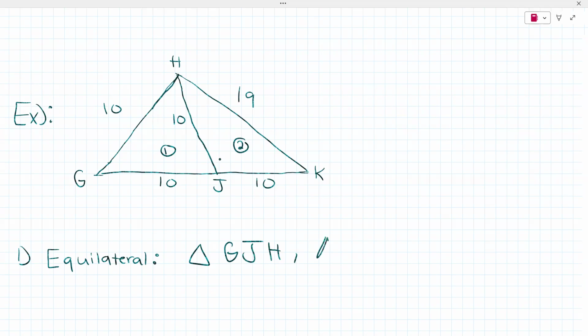Triangle G H J. Okay, so G H J or G J H.